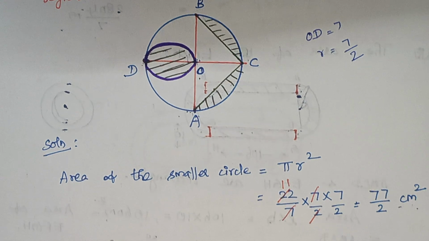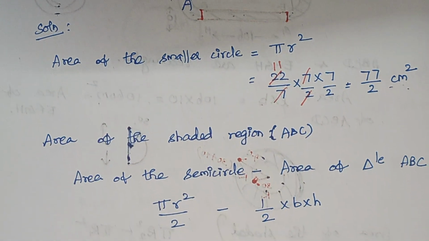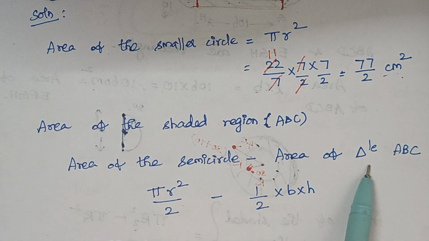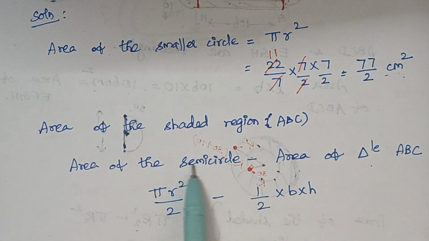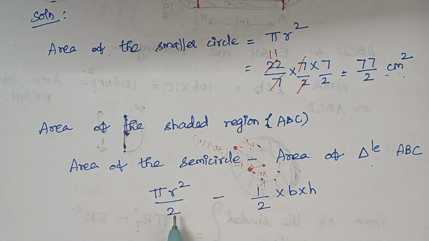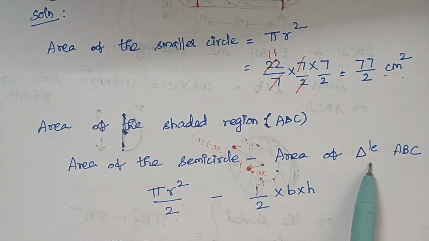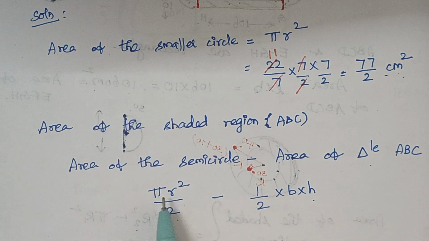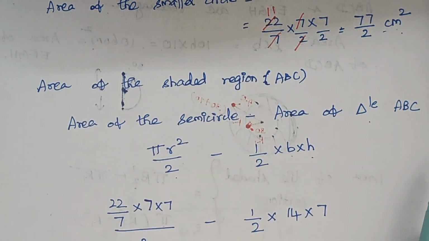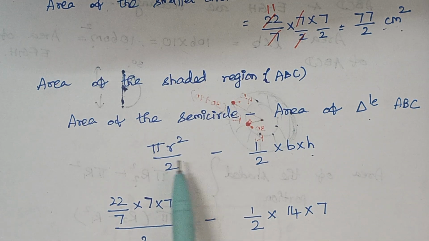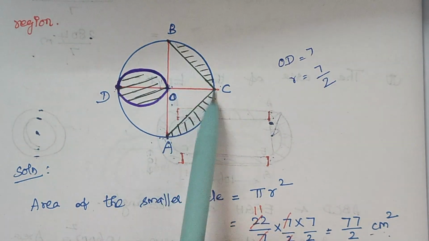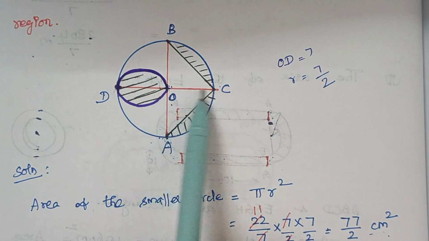So the area of the shadowed region is given by area of the semicircle minus area of the triangle. What is the formula for the semicircle? It is pi r square by 2, and the area of the triangle is half b into h. Here the value of pi is 22 by 7. And what about the value of r here? For this semicircle, this OC is the radius.